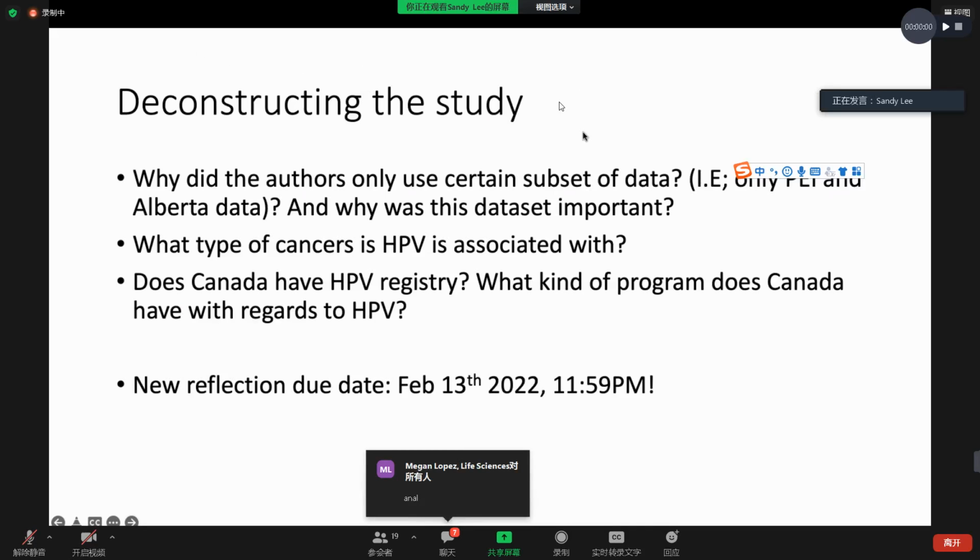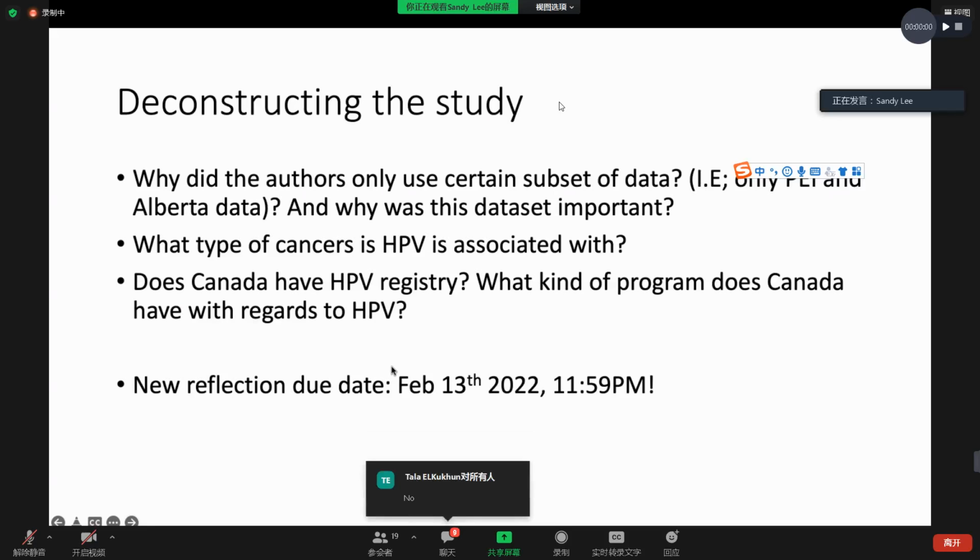And the final question, does Canada have an HPV registry? If so, or if not, what kind of program does Canada have with regards to HPV? Any answers?